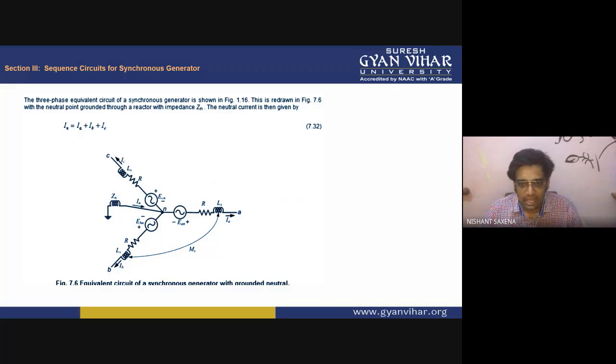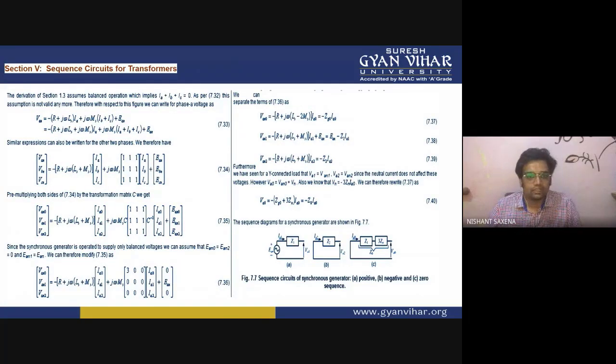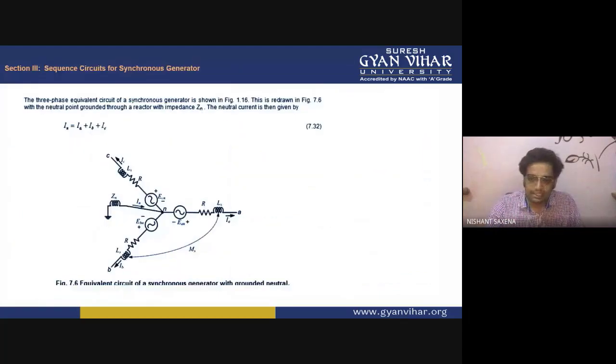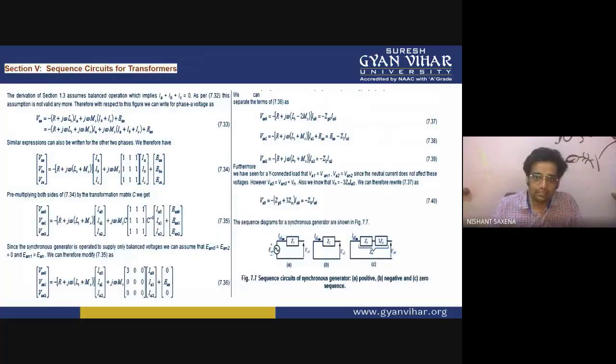Each generator is generating EAN, EBN, and ECN as back EMFs, the per phase voltages. Now, if I calculate it, then I can see the sequence circuits for a synchronous generator.